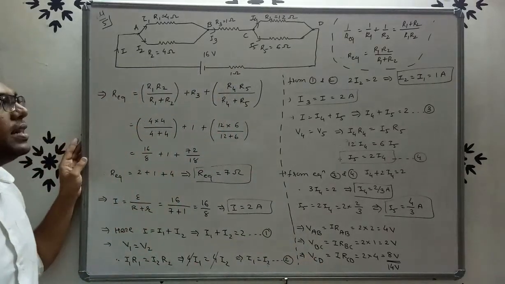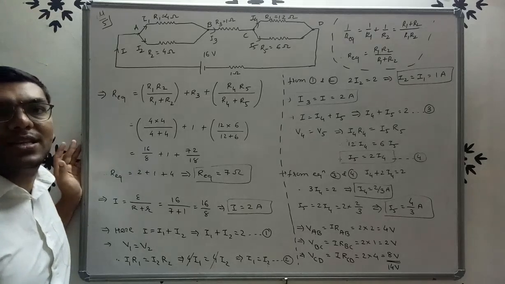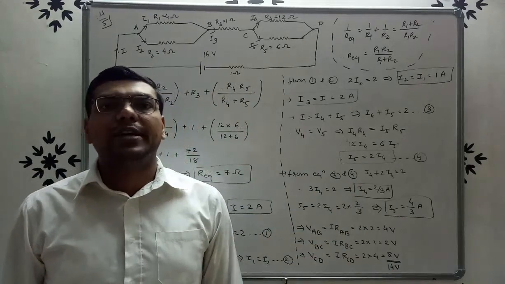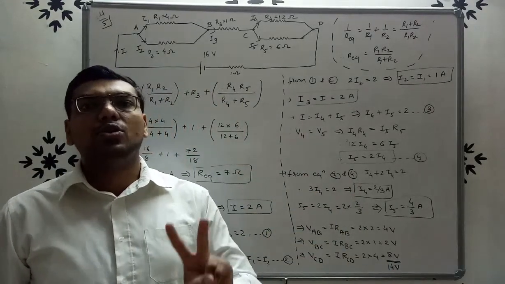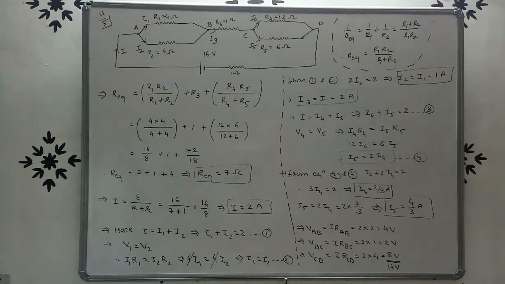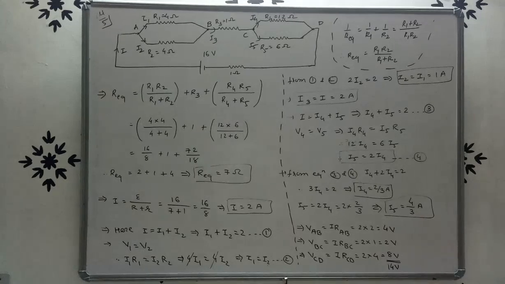So in the circuit there will be a drop of voltage. How much? 16 minus 14. So the total voltage drop in this circuit will be 2 volt, right? So this is illustration number 5. Right? And to calculate this illustration, you have to know the formulas of series and parallel connection of resistors, so you can easily calculate this sum. Okay.